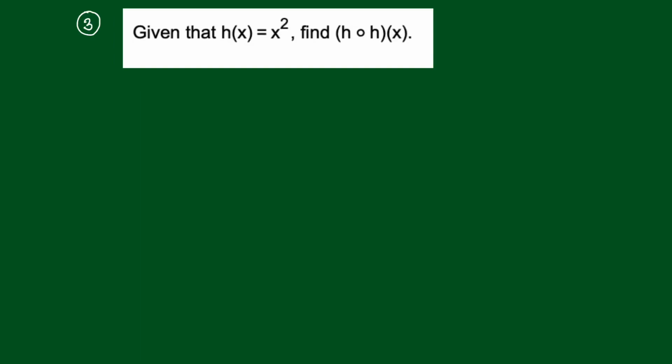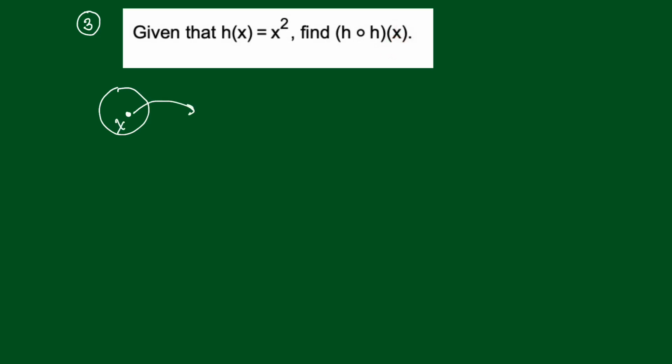Now in number 3, we have one function, h, and it says whatever comes in, you're going to square it. So what I want to do is find out what would happen if I put a number in and then process it twice with h. Here's a picture of what I think is happening. We're going to put some number in. In fact, so that it'd be general, call it x for right now.